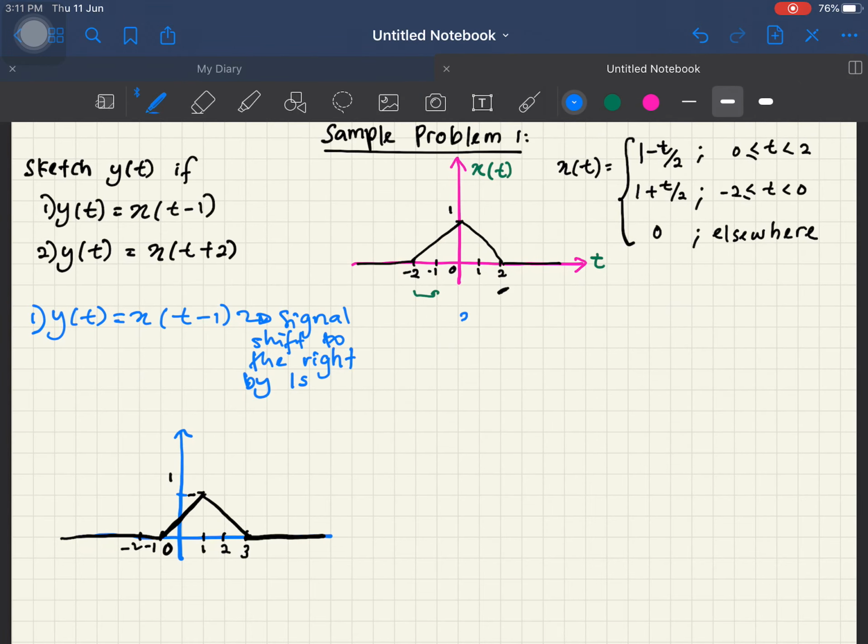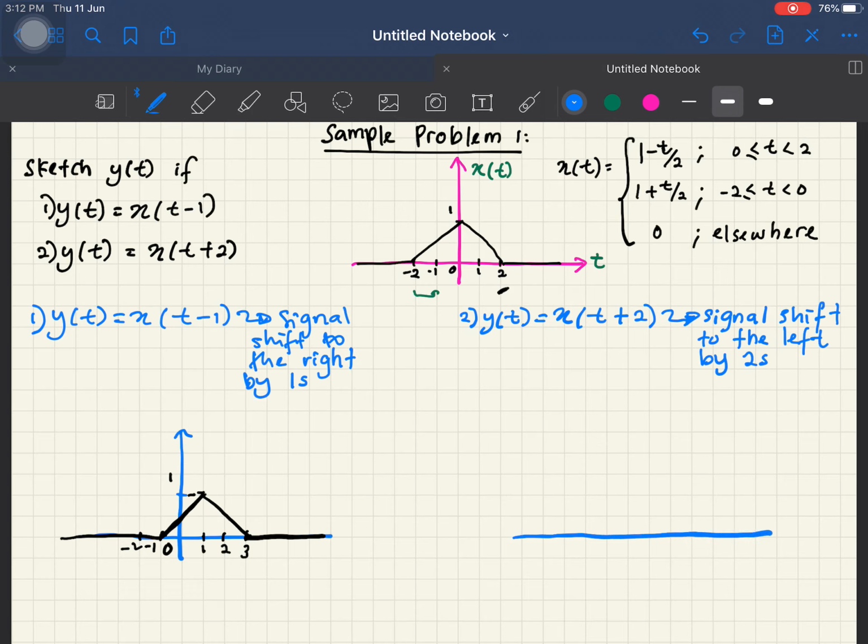If we look at number 2, you have y of t equals x of t plus 2. This simply means that the signal is shifted to the left by 2 seconds.